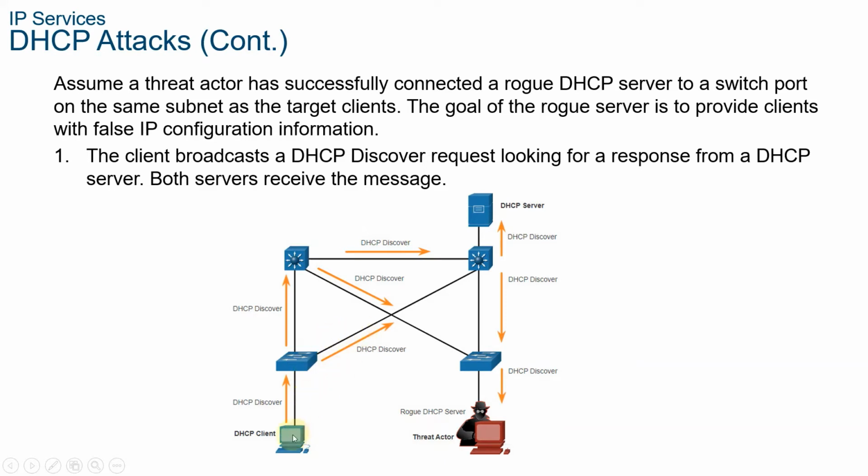A legitimate client connects to the network and requires IP configuration parameters. The client broadcasts a DHCP discover request looking for a response from the DHCP server. Both servers receive the message.